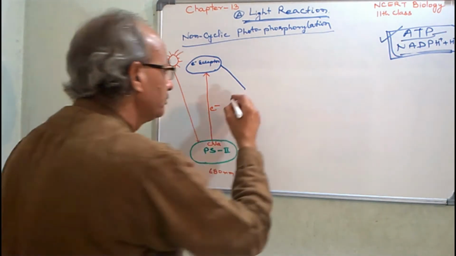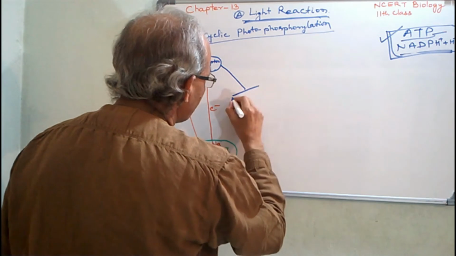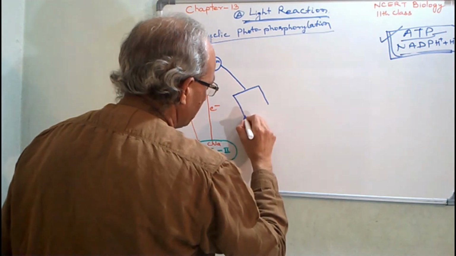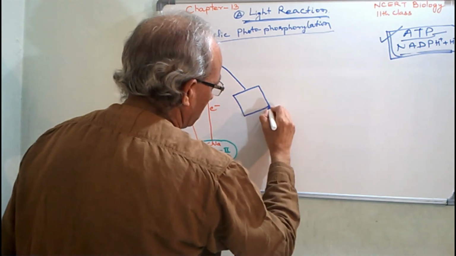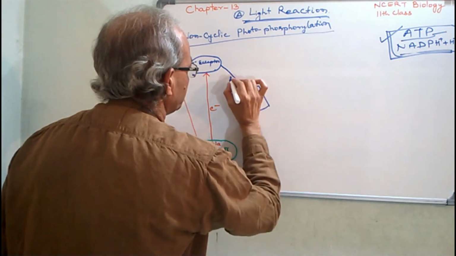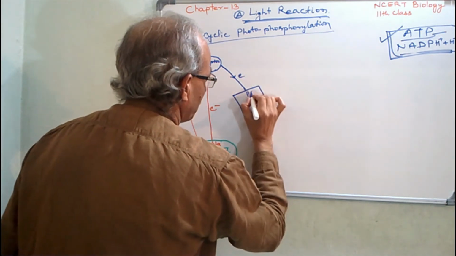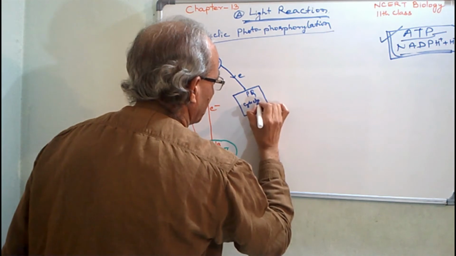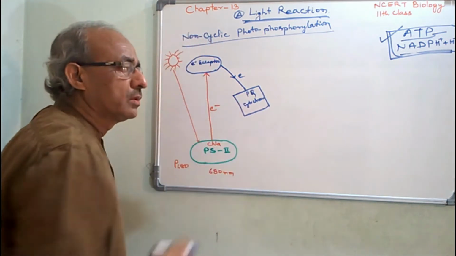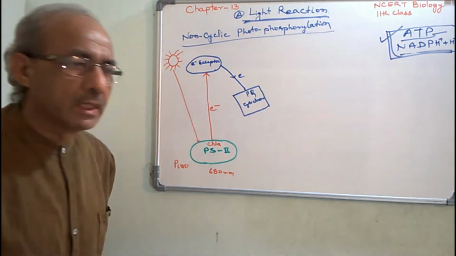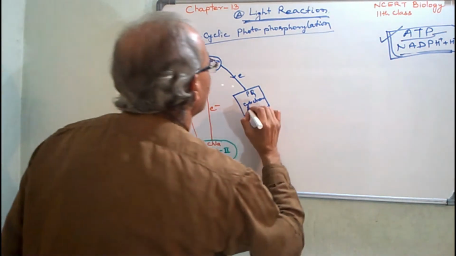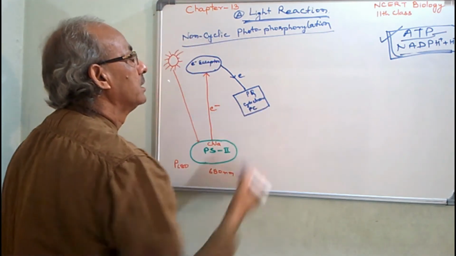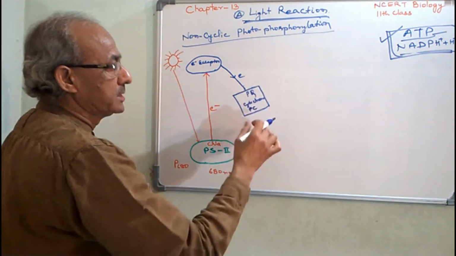Electron transport system mainly consists of phytoquinone and cytochromes. These are the electron acceptors which participate in the electron transport system.